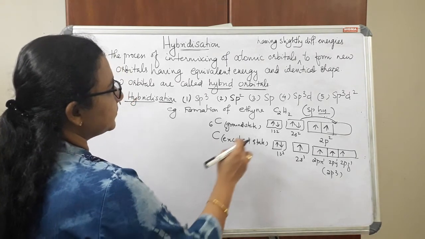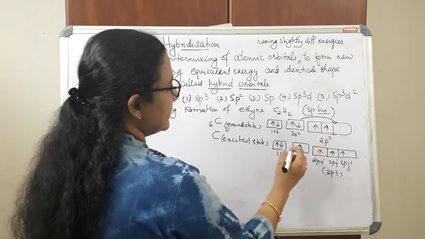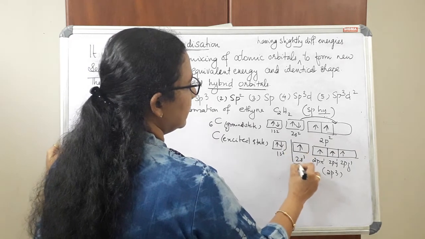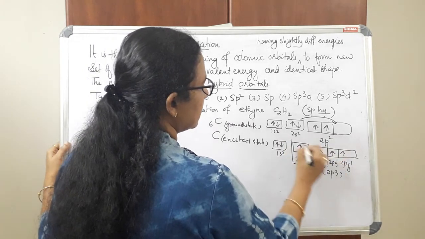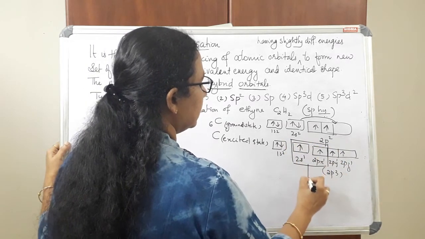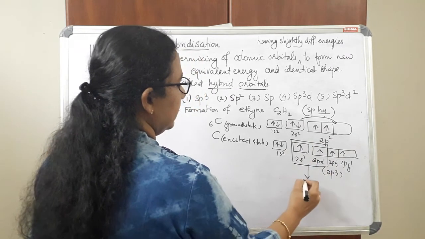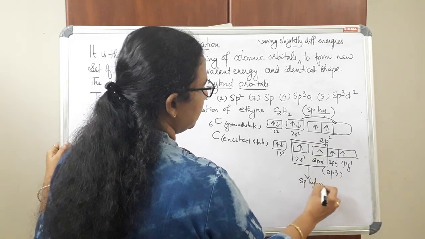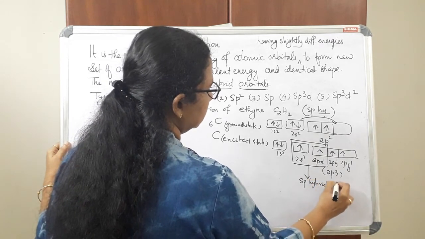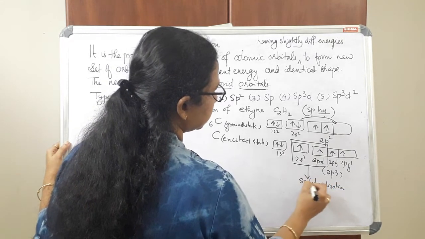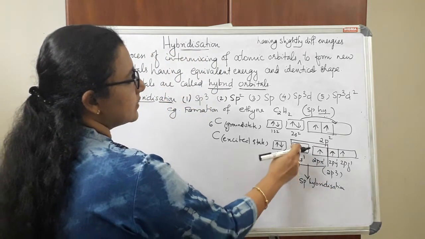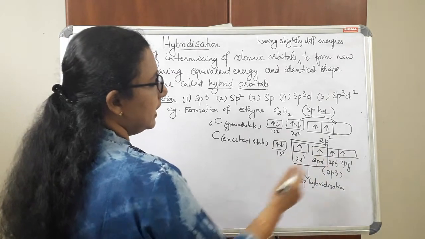Now there is sp hybridization. So sp hybridization means one s orbital and one p orbital undergo hybridization.